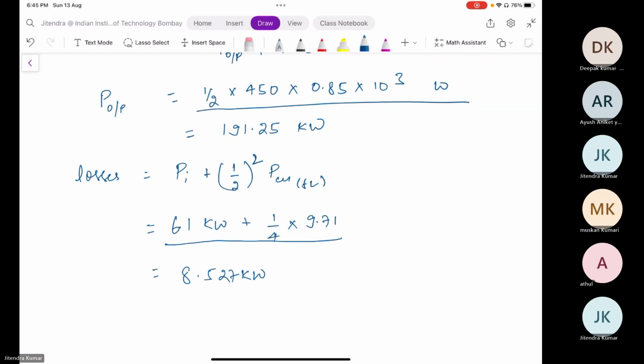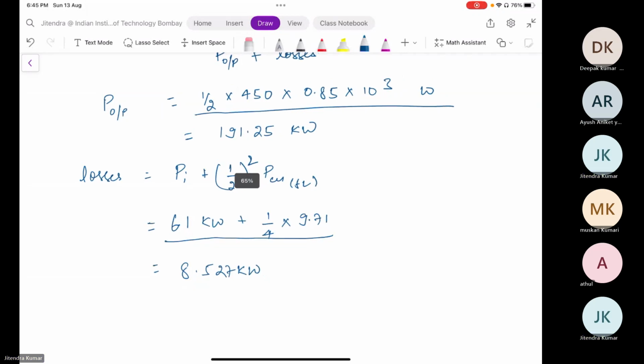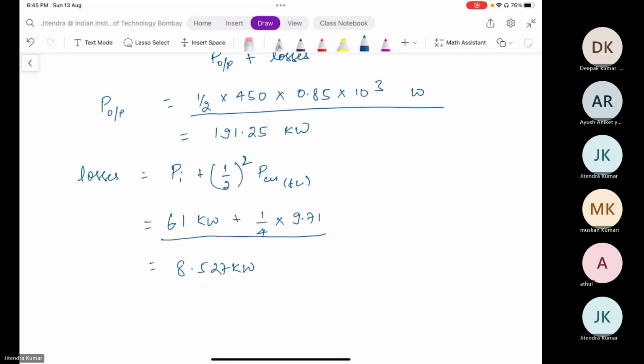Okay, so I hope you must have felt that this solution is fine. Any doubt in this one? No, sir. Okay, then we will go ahead with some other problem.